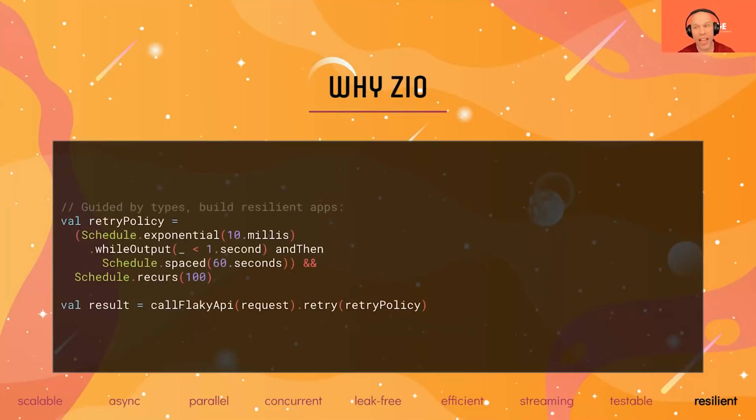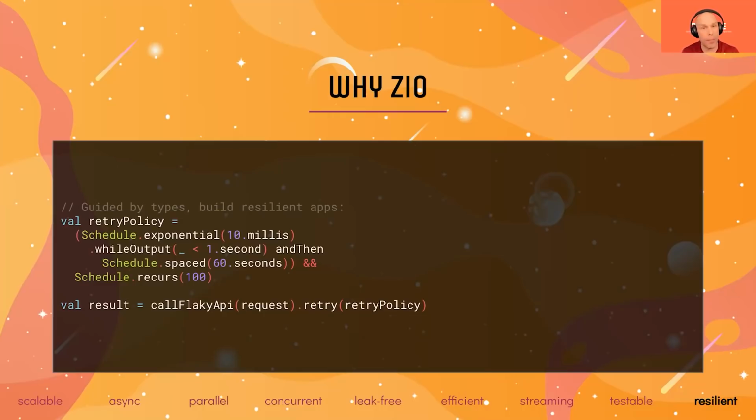And then finally, the last reason why ZIO, well, not the last, I have one sort of surprise reason at the end, is resiliency. Our applications need to run. They need to deal with failures. They need to deal with external failures. So when databases are down, APIs are down, those types of things, we need to be able to deal with transient failures.